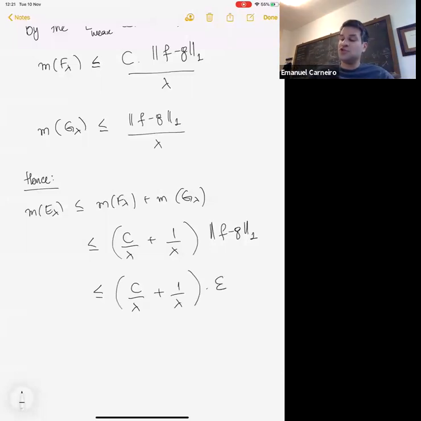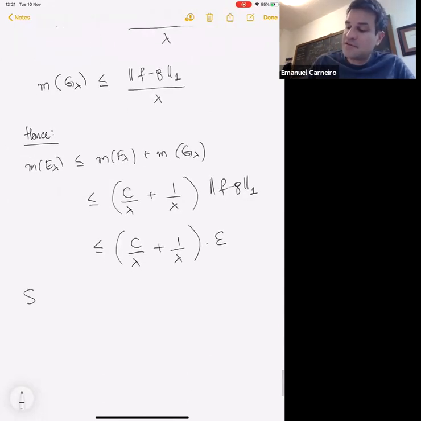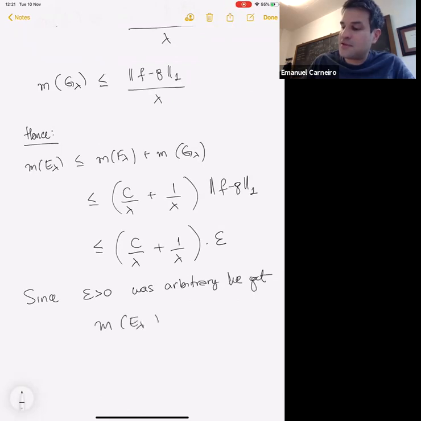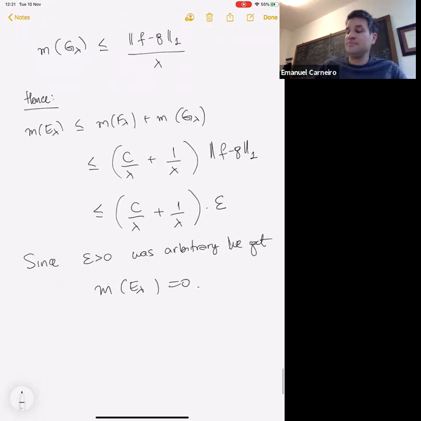Remember, this function g was chosen such that the L1 norm of f minus g was less than epsilon. Lambda is fixed. Since this epsilon bigger than 0 was any number, we get the measure of this set is zero. Okay, so here's the proof. This completes the proof.